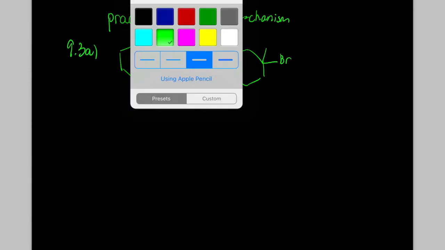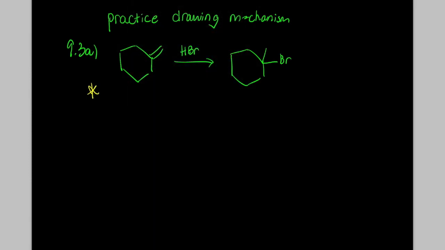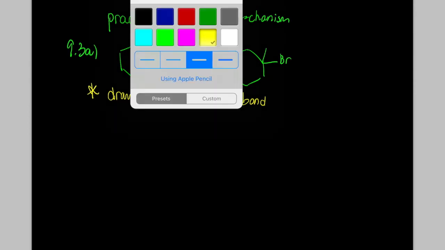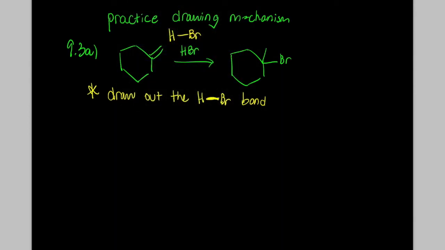Now, for anybody taking organic chemistry, you need to draw out the H-Br bond, okay? You absolutely need to do that. So I'm going to have to draw that out. So let me draw the line there. Now the reason why we draw that line is because that bond is being broken. So when we engage it, there's an arrow coming from that bond, okay?